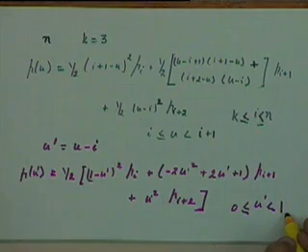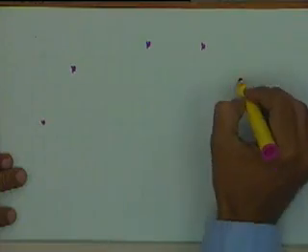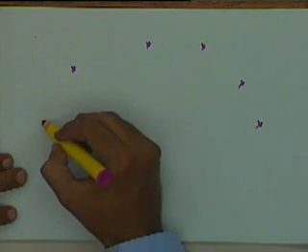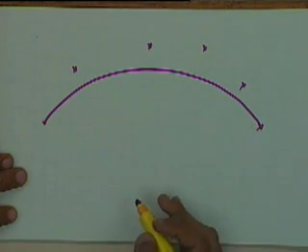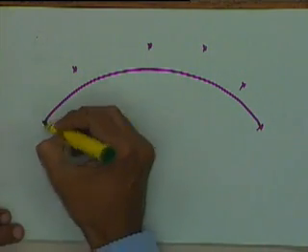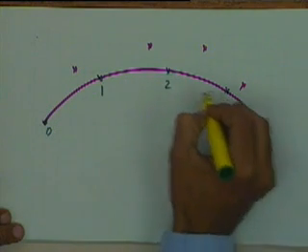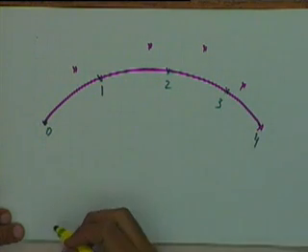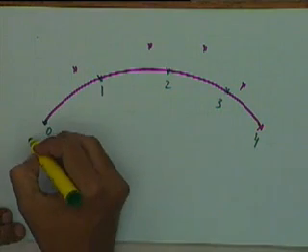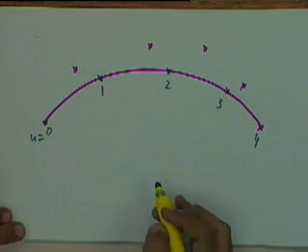Is that okay? Firstly, why I am doing it. See, if I have a set of points, 6 points let us say, and I have a curve between these, my knot values are defined like this: 0, 1, 2, 3, 4. So this is the value of u equal to 0, u equal to 1, 2, 3 and 4.